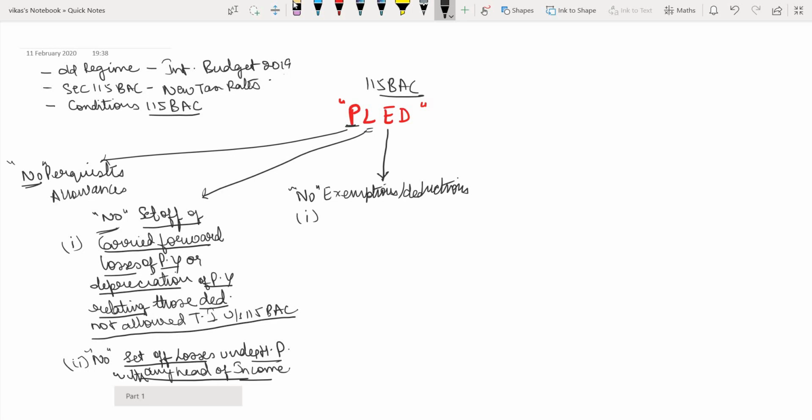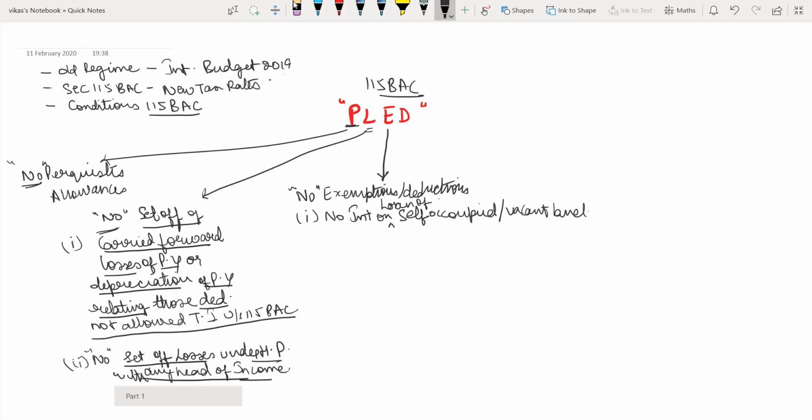The first point over here is no deduction of interest on loan of self-occupied or vacant land.